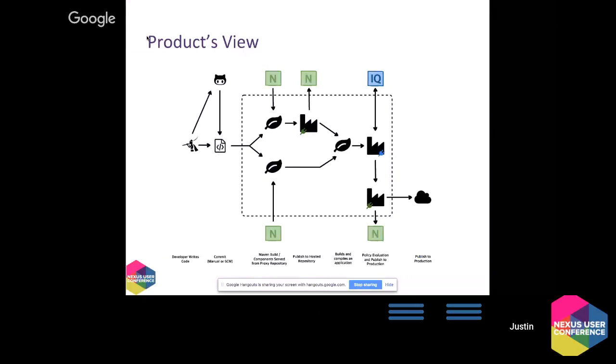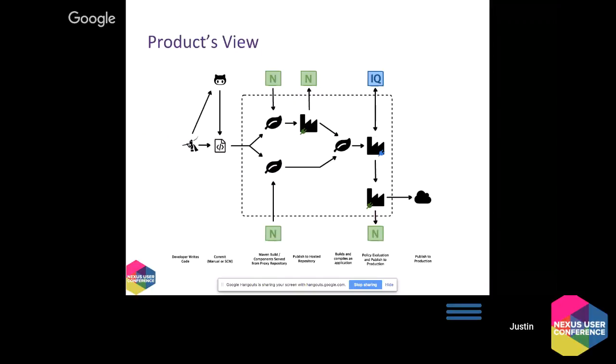So here's the product view. This is something we threw together when we were trying to figure out pipelines. It's more two-dimensional and probably equally as confusing. But you can see on the left, we have a Silicon Valley reference to Pied Piper writing some code, pushing it to some source control, and then it gets put into this pipeline.